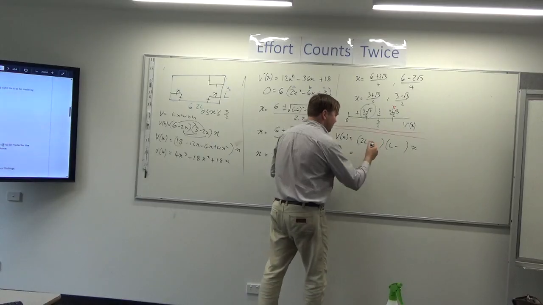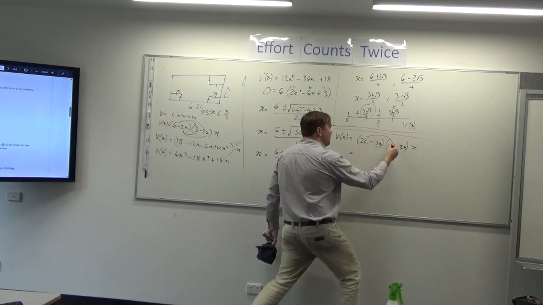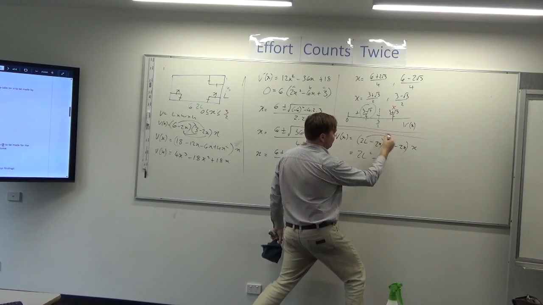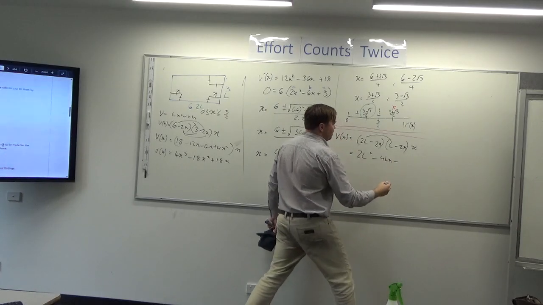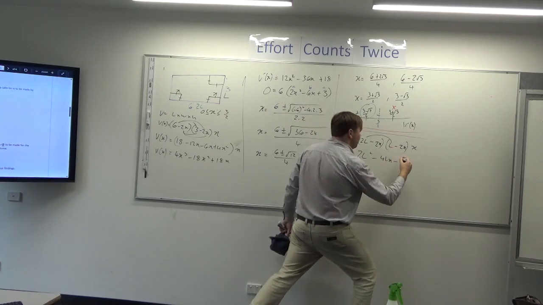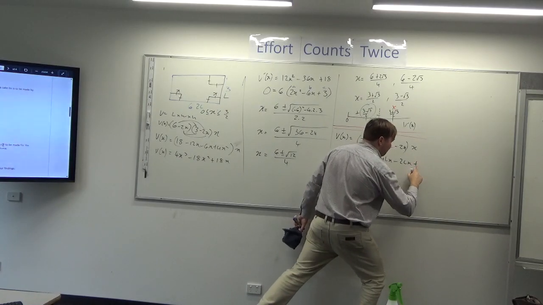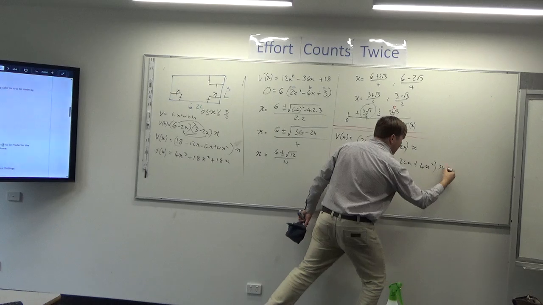We're taking 2x's. 2x. 2x. Cool, let's go again. 2L squared, take 4LX, take 2LX plus 4x squared x.